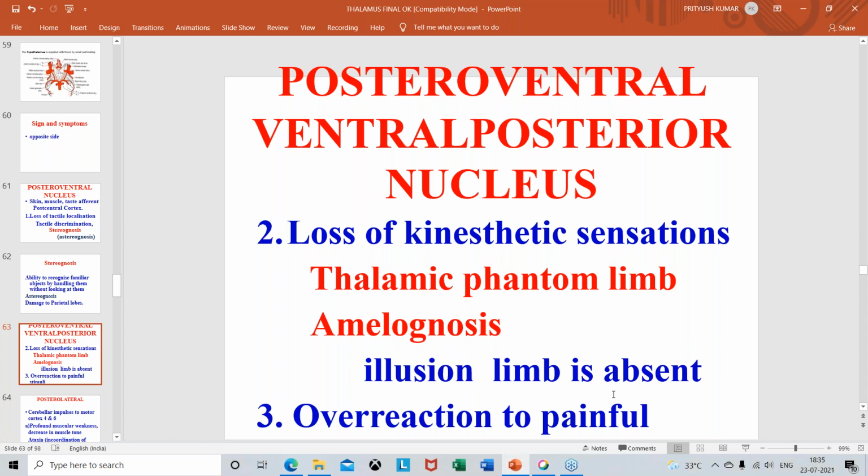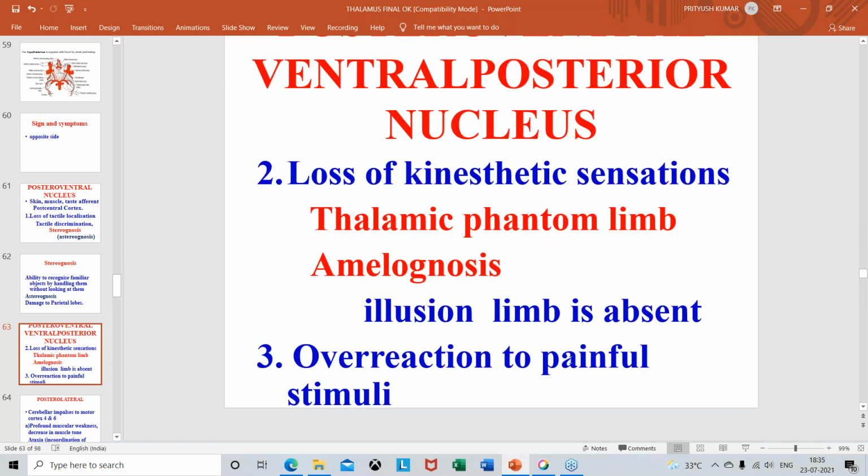Because the sensations are not coming to your brain. This is also known as amorphognosis. As there is a loss of this nucleus, there is a loss of kinesthetic sensation, and so a thalamic phantom limb occurs. But there is an overreaction to painful stimuli.